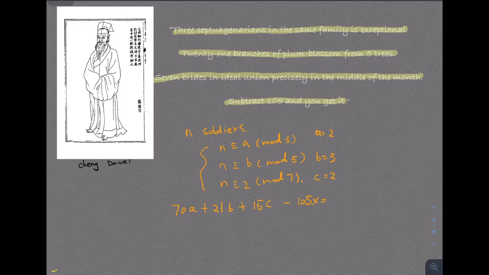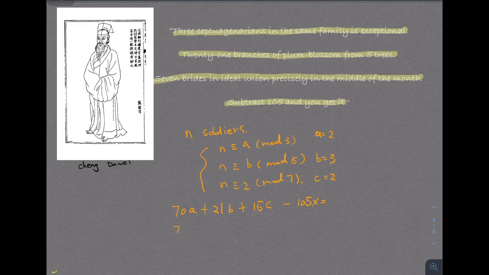So we know A, B, and C, so we can write the math sentence as 70 times 2 plus 21 times 3 plus 15 times 2 minus 105 times 2.